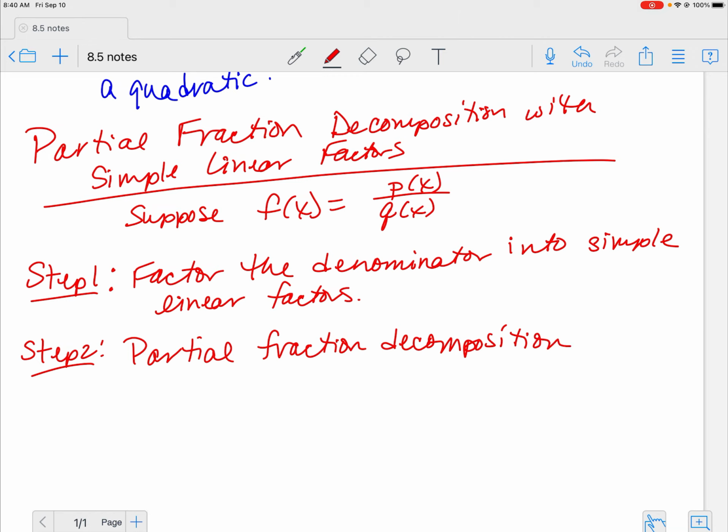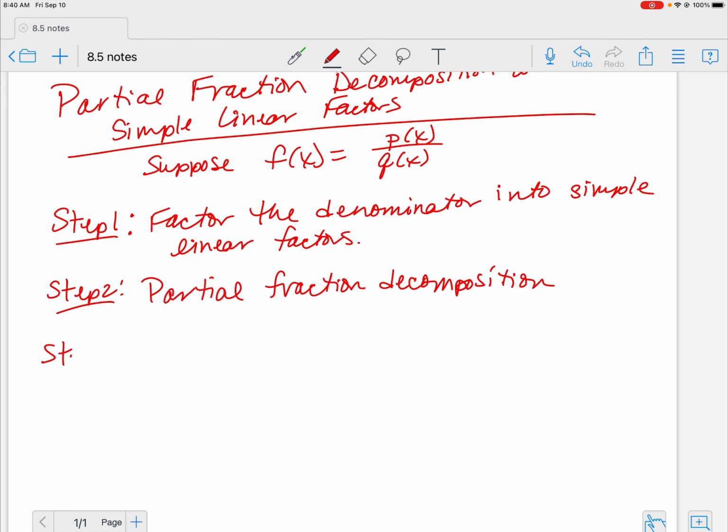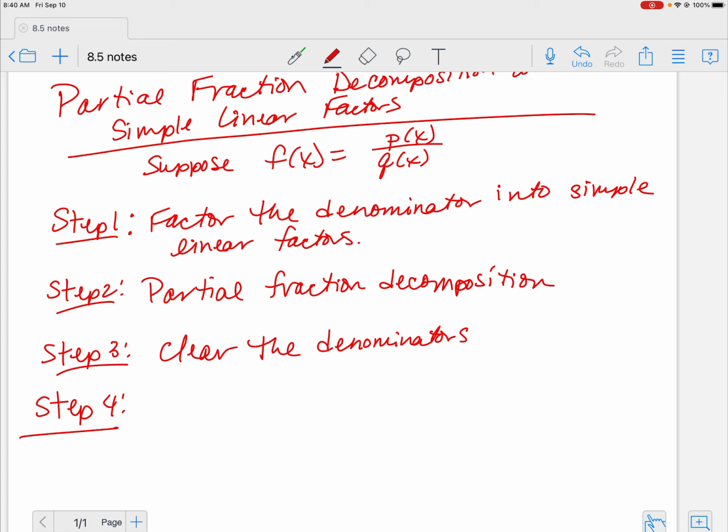We'll look at that and get that set up. That's just breaking down those fractions, splitting up those fractions. Step three is clear the denominators. So when you break these up, you're going to factor, then your partial fraction decomposition means I'm breaking up this fraction. Then we're going to clear the denominators. And lastly, step four is going to be solve for the coefficients.